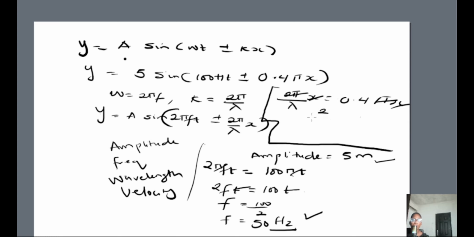So we have 2 over lambda is equal to 0.4. So our lambda is just equal to 2 over 0.4. We can multiply this one by 100, this one too by 100, to easily get our answer. So we have 200 divided by 40, and that's equal to 5.